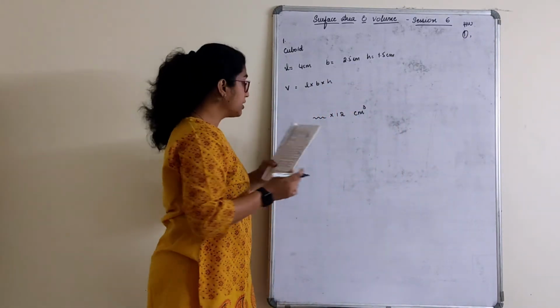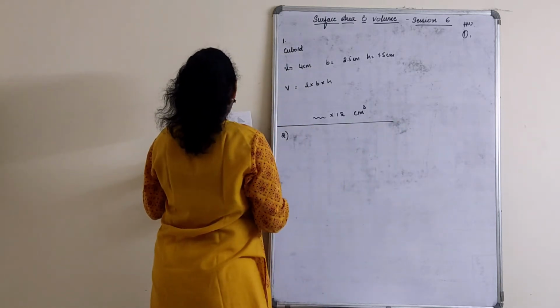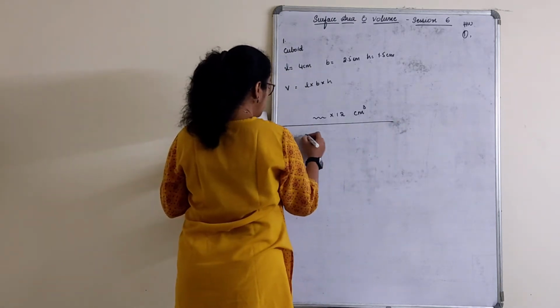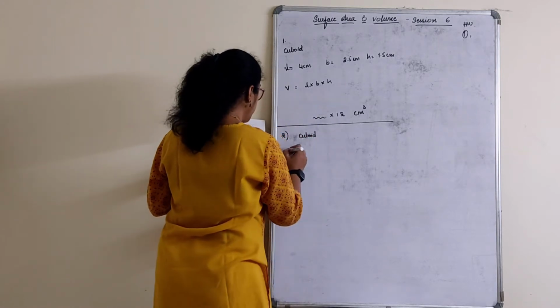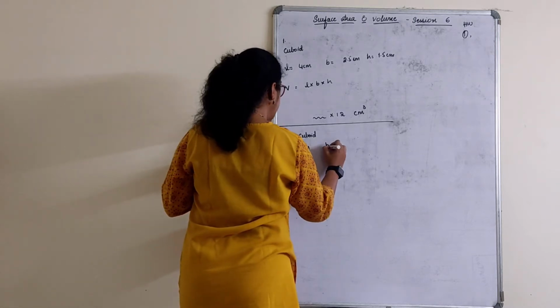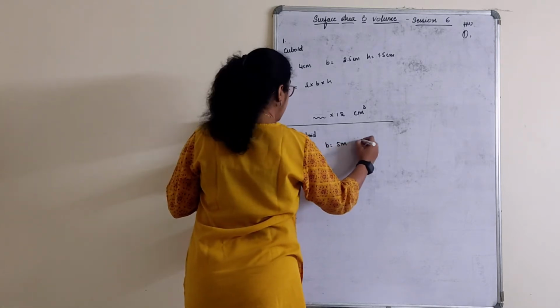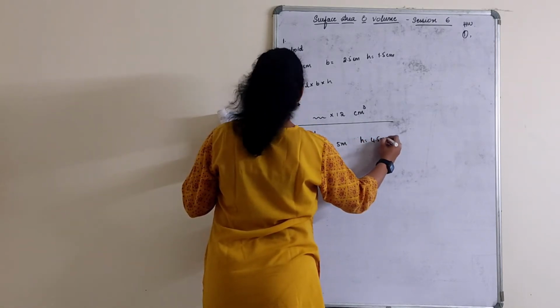Second one, a cuboidal tank. A cuboidal tank is 6 meter long. So, it is a cuboid again. First one is homework. A cuboidal tank is 6 meter long, 5 meter wide and 4.5 meter deep.